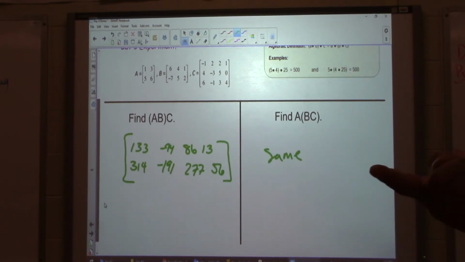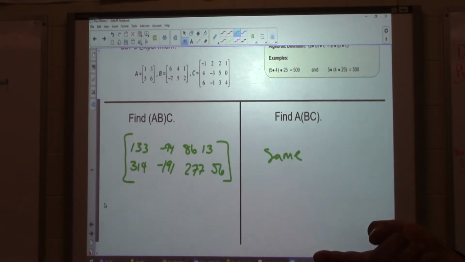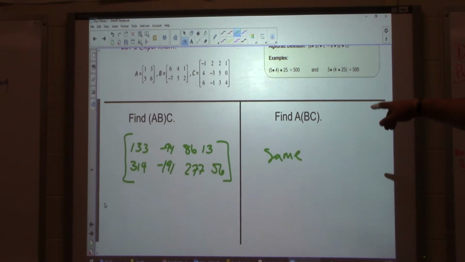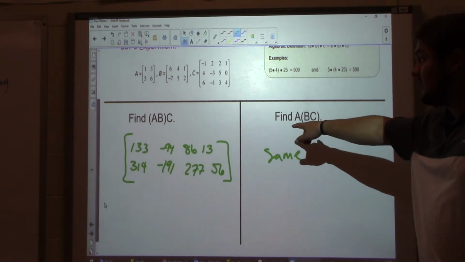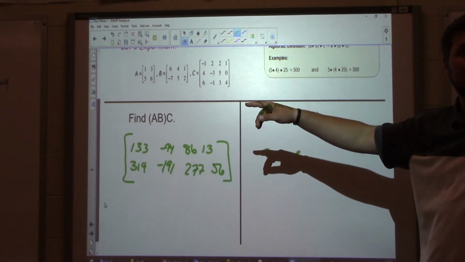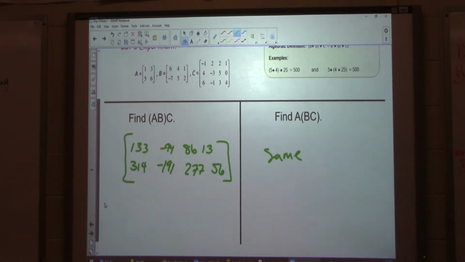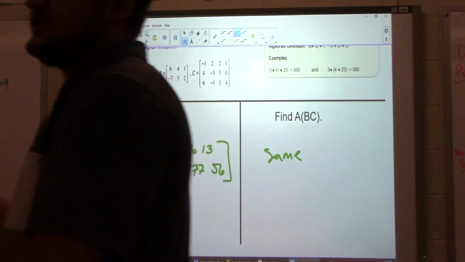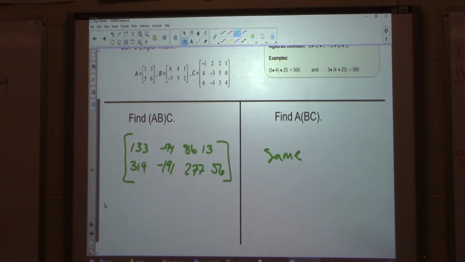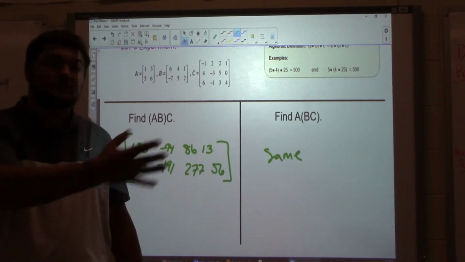In this one, are we switching the matrices around at all? No, we're just switching the order that we multiplied them in, which doesn't change anything. We still multiply by the same rows and the same columns. We're not actually switching where the matrices are in that order. Does that make sense? So that's why this one works and the first one didn't.